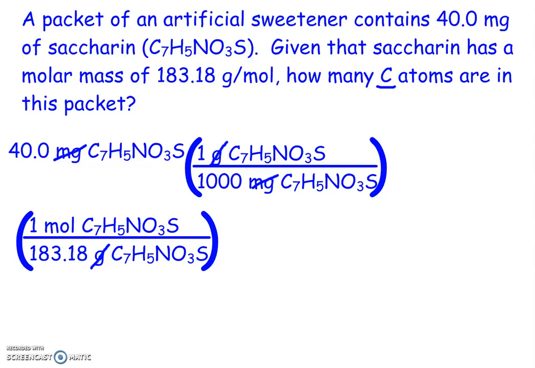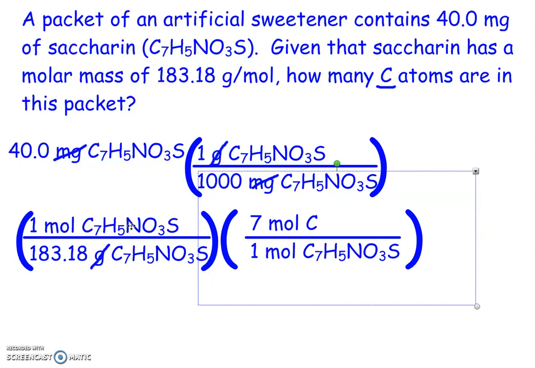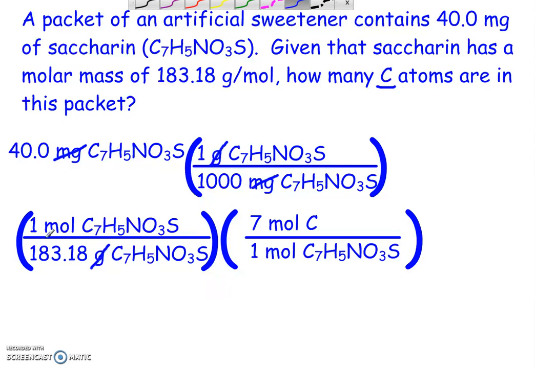So I need to convert from moles of saccharin to moles of carbon. Well, if I look at the subscript, there are 7 moles of carbon, C7, for every 1 mole of saccharin. So my moles of saccharin cancel out, and I now have how many moles of carbon.